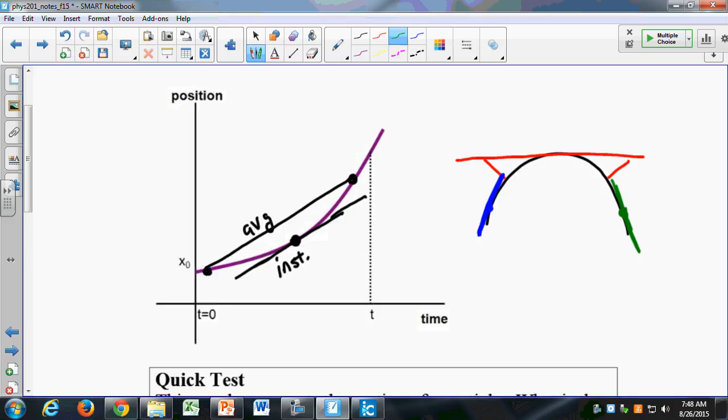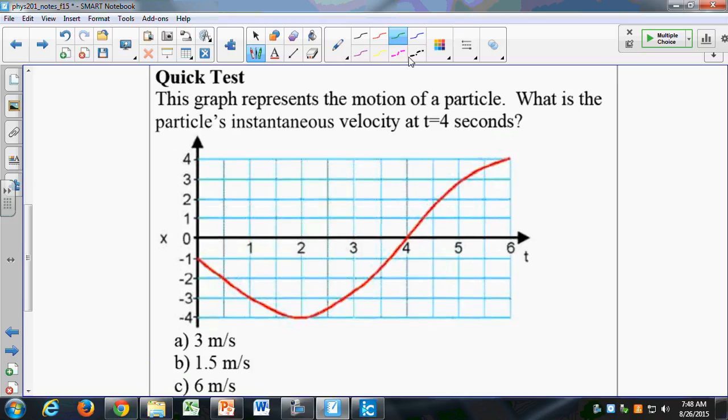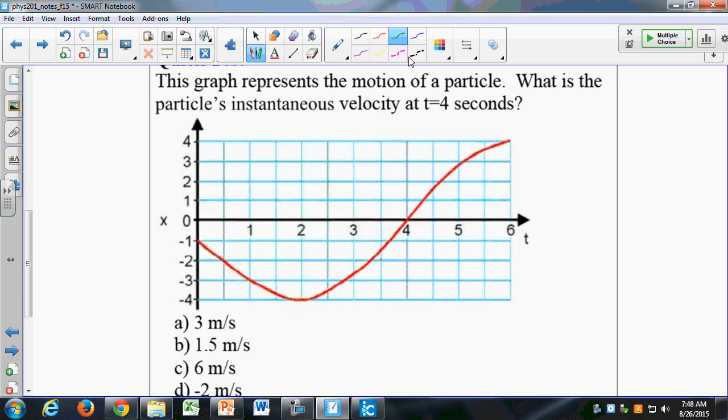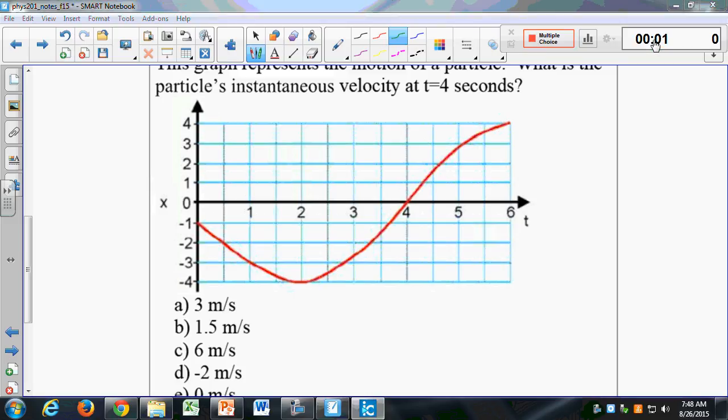You will have some questions in your homework and on the exam where you have to estimate the slope of the tangent line. And we'll do one. Here we go. This graph represents the motion of a particle, and I want to know the particle's instantaneous velocity at t equal 4 seconds. Now you don't have the function. If you had the function, you could just take the derivative and find that velocity.